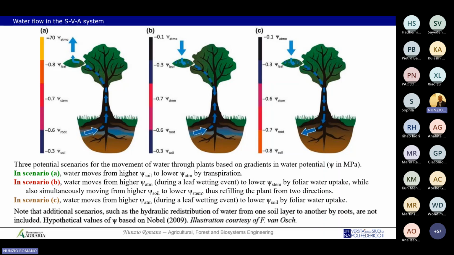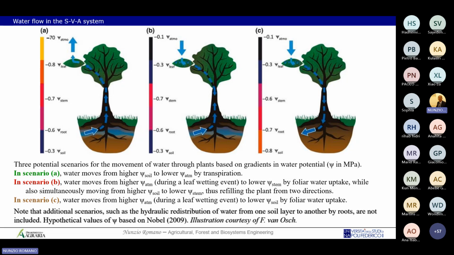I want to conclude this talk on water potential by showing these very interesting pictures from a paper. On your left you can see the classic way that water moves from the soil to the root, into the trunk, then toward the leaves and is transpired into the atmosphere.